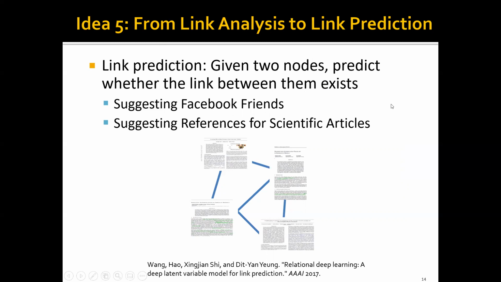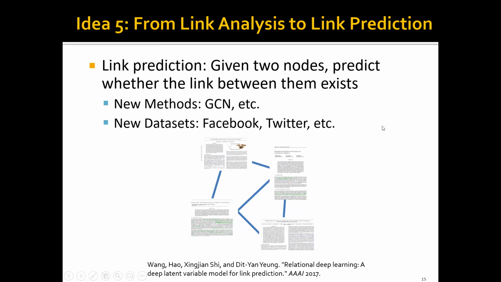The applications of this kind of link prediction problem include suggesting Facebook friends. Facebook is actually a graph, right? And we want to predict whether or not a link between two users exists. So that basically reduces to suggesting Facebook friends. Another application may be suggesting references for scientific articles. So extensions of this may be, for example, to think about how to use new methods.